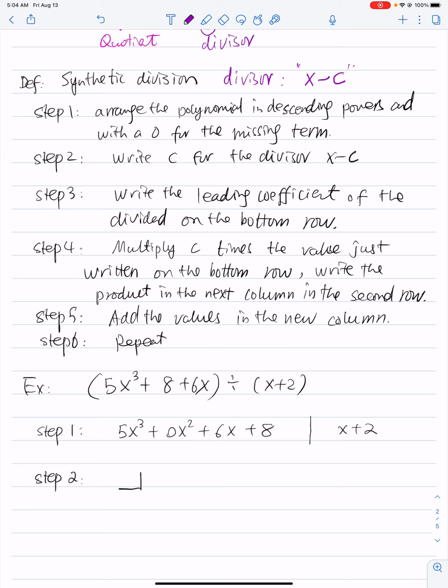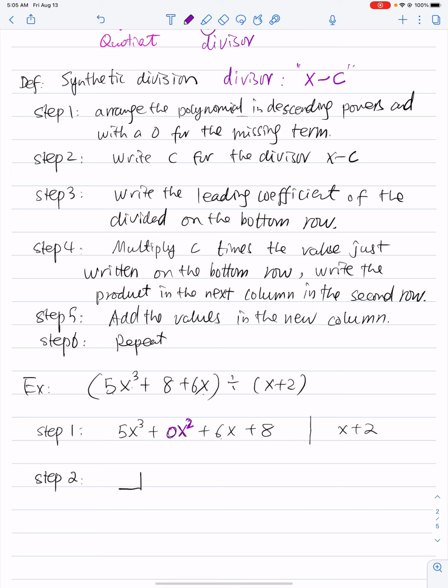So we have an example here: 5x cubed plus 8 plus 6x divided by x plus 2. What is the first step? Arrange the polynomial in descending order and write a 0 for the missing term. So 5x cubed, the next term is 6x. What do you miss here? The x squared term.